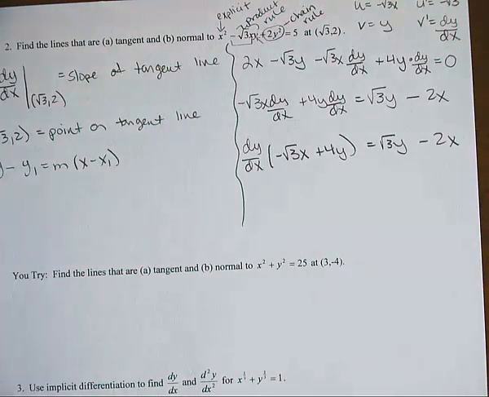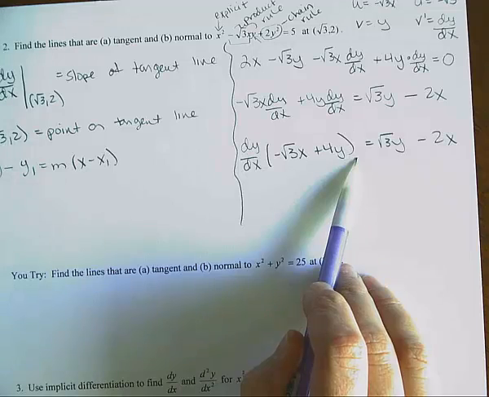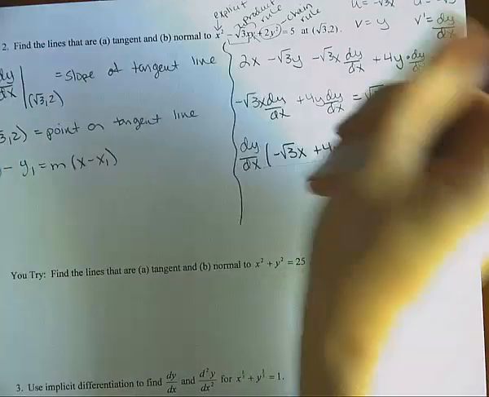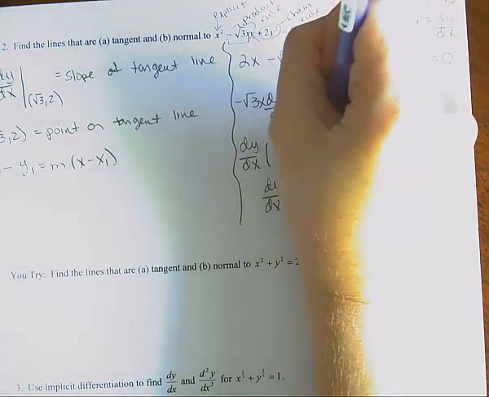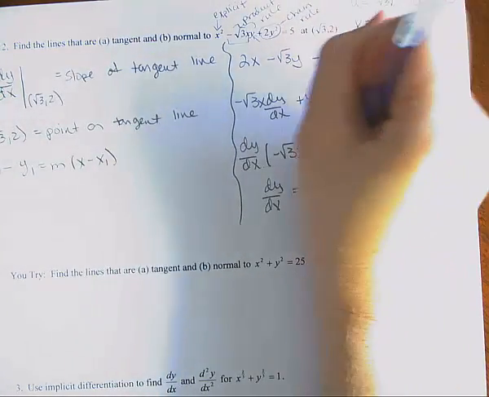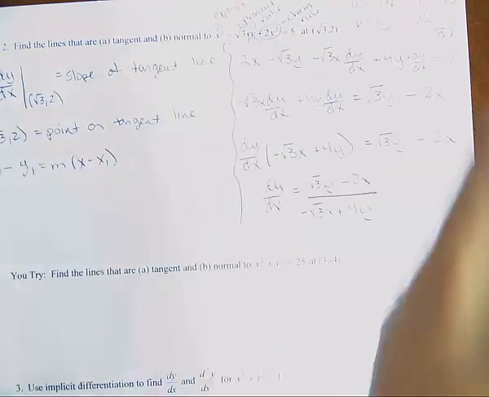Then I'm going to solve for dy/dx by dividing both sides by the negative √3 x plus 4y. So my dy/dx is going to be (√3 y minus 2x) all over (negative √3 x plus 4y).